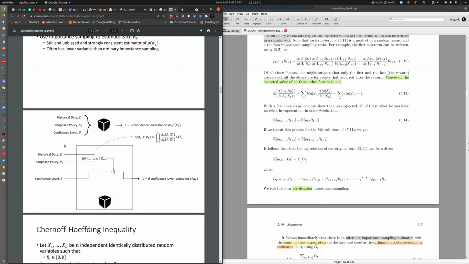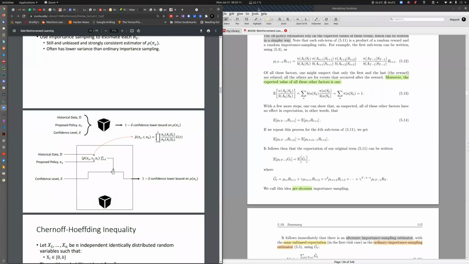This figure reflects what I was talking about, based on the historical data, the proposed policy, and the confidence levels. I will try to share all these slides and the per decision importance sampling ratios that I have discussed here.